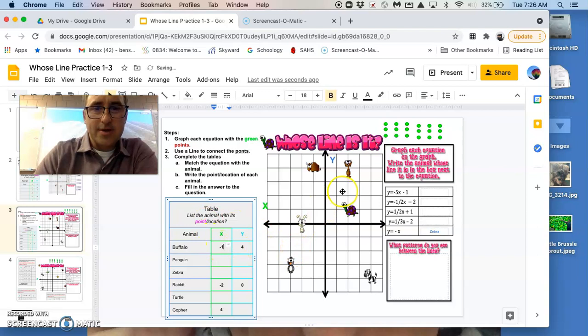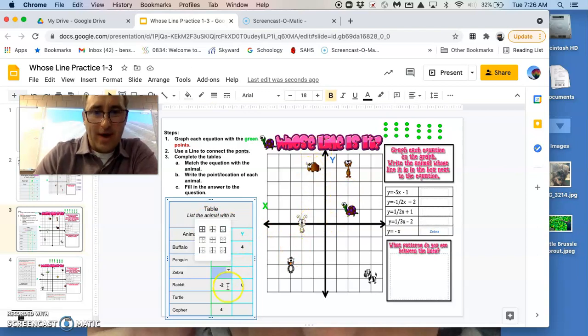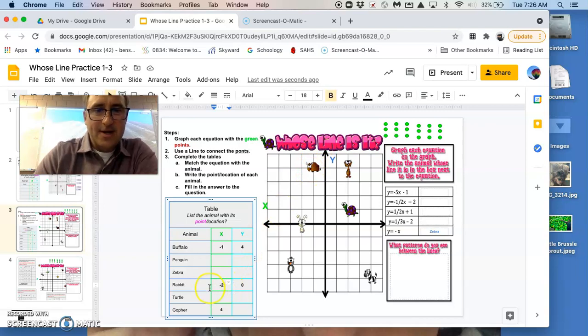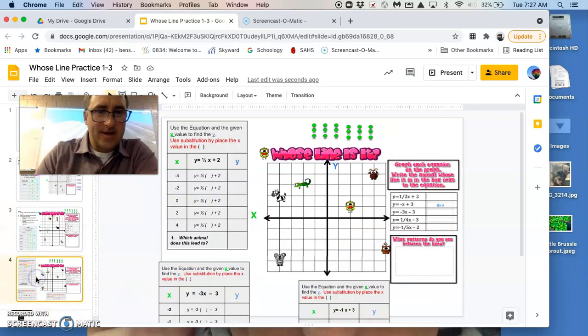So we really read this as -1 up 4. Let's see if the rabbit example is correct. It says the rabbit is over -2, that's 2 to the left, 1, 2, and down 0. Yep, that is correct.